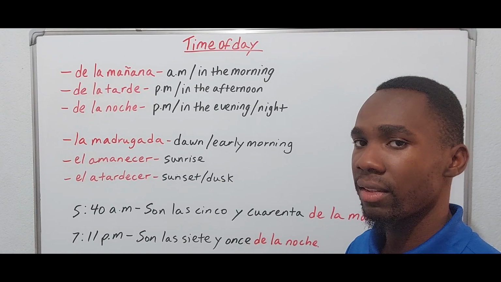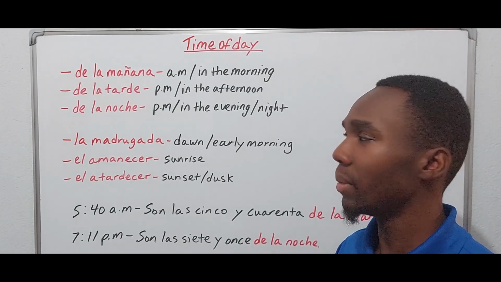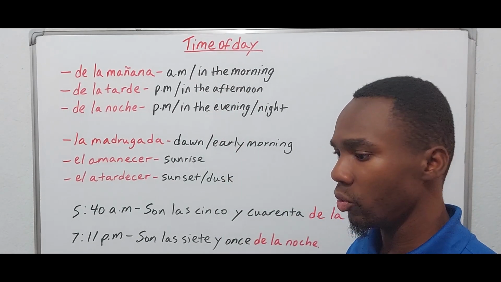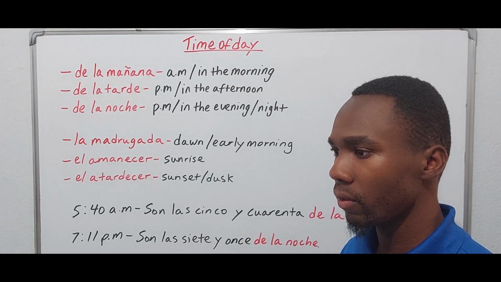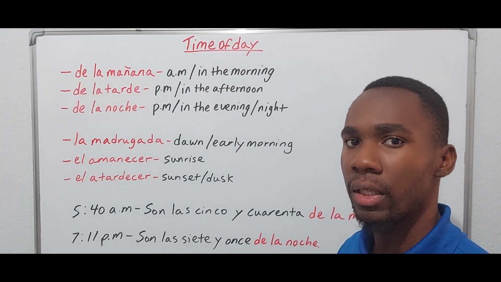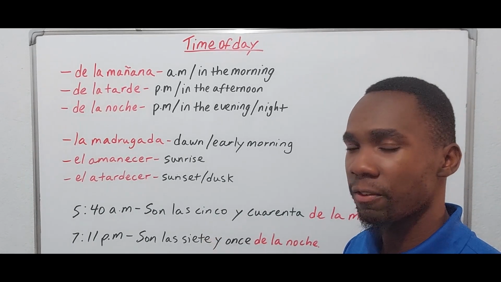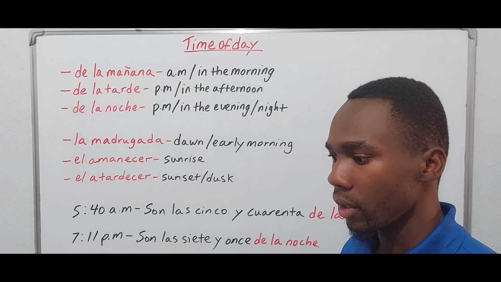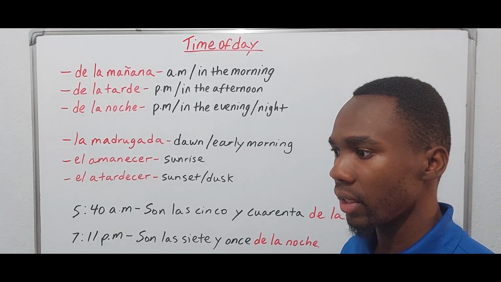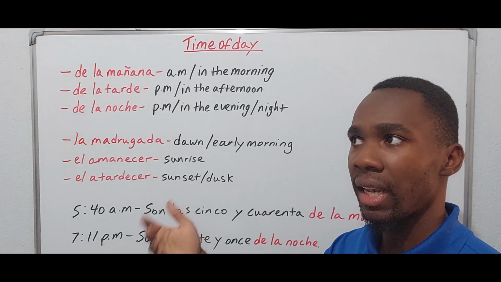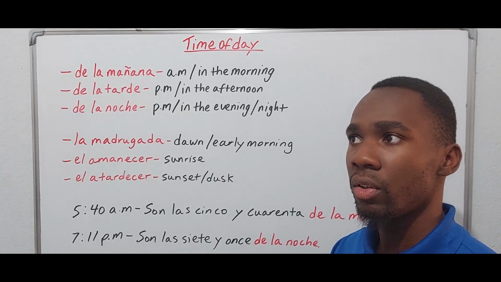That's an exact time. However, por la mañana, or por followed by the time of day, will be used generally, right? So it's not going to be used for specific times. For example, I can say hago ejercicio a las 5.